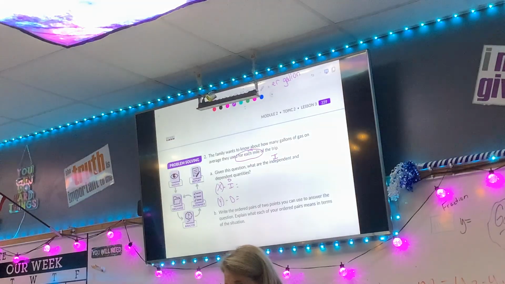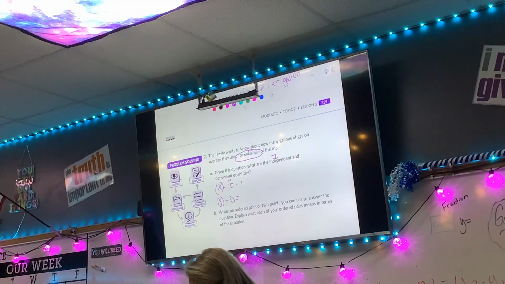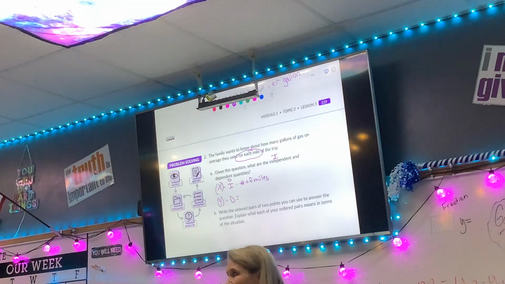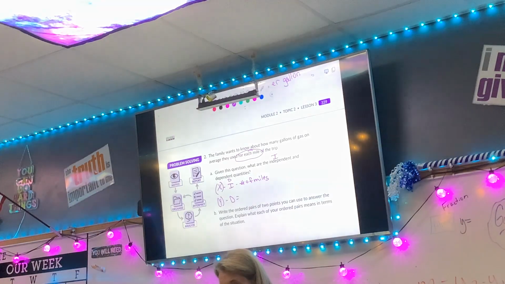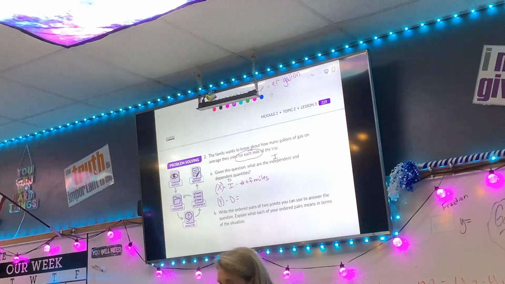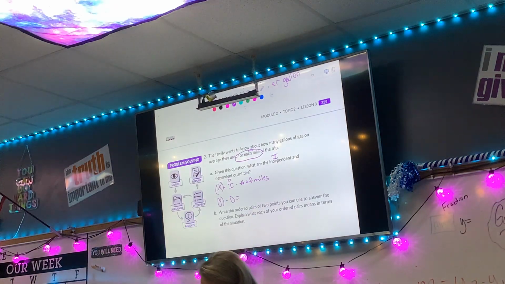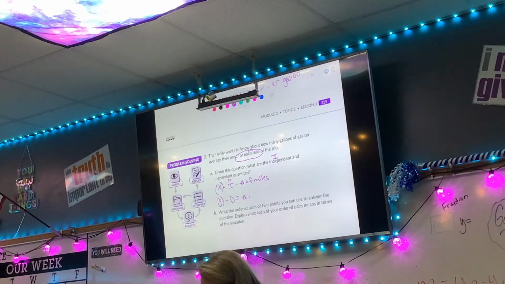For each mile. Wouldn't my independent be number of miles? You're looking for the each, the per, or one. And my dependent this time will be number of gallons.